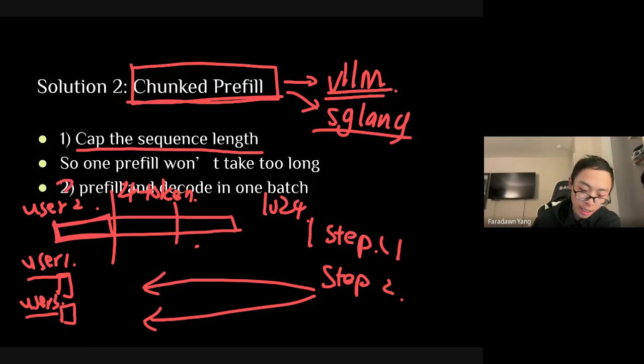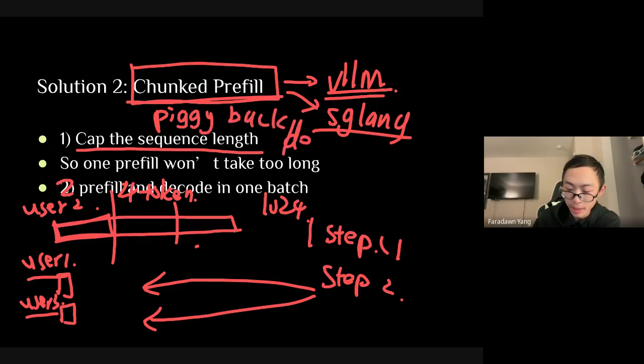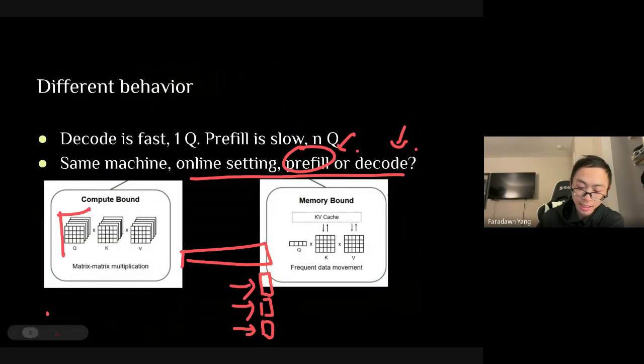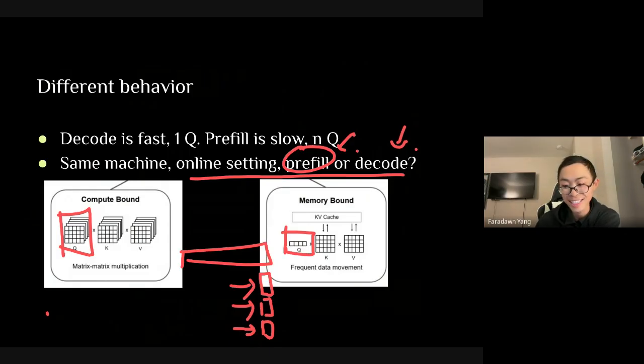In addition, on top of this, there's a technique called piggyback prefill. What it does was, instead of processing only decode or prefill in one batch, we allow them to happen together in one batch. Previously, you see decode and prefill, the shape of the input are vastly different. So how can you batch them together?